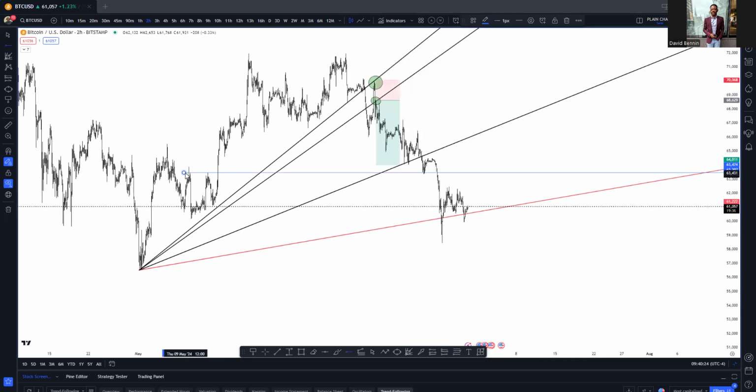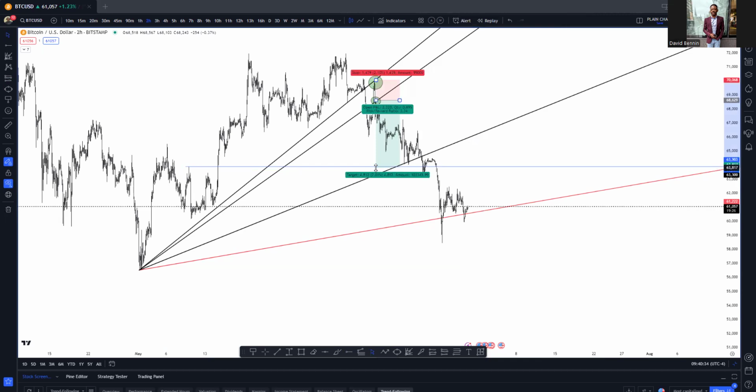So here you would look at the closest structure to the fund. This would have been a good level, so somewhere around here will be your TP, and that will be TP1, TP2.